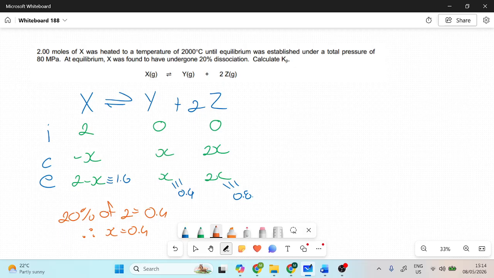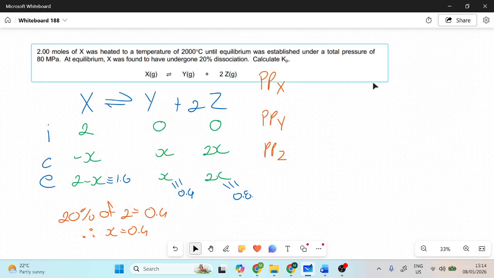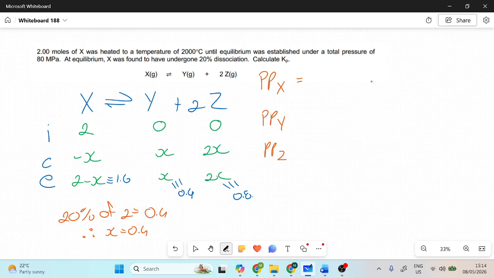Then you're gonna find the partial pressure of X, partial pressure of Y, partial pressure of Z. So for X, the partial pressure will be the moles of X, so mole fraction, remember? So moles of X over total moles times total pressure, which is equal to 45.71 megapascals.